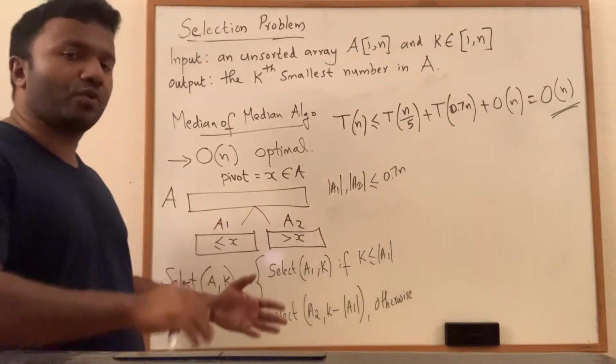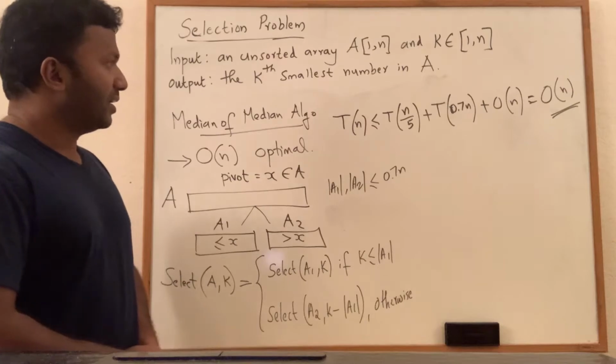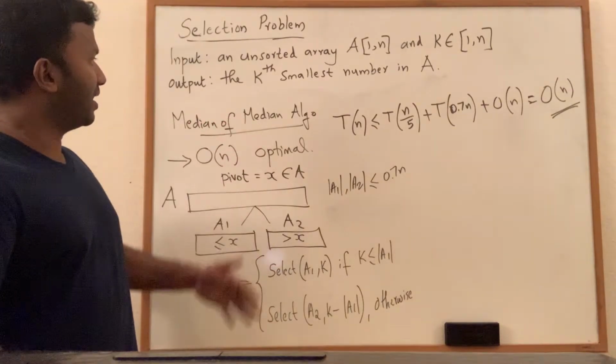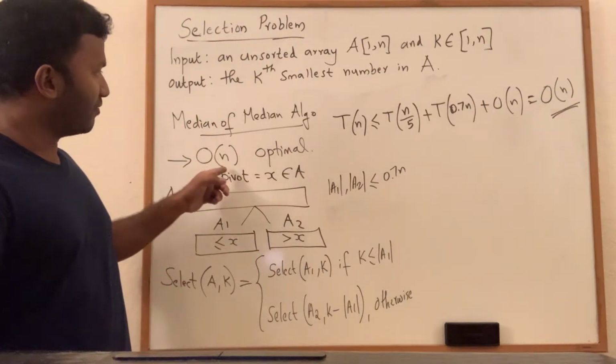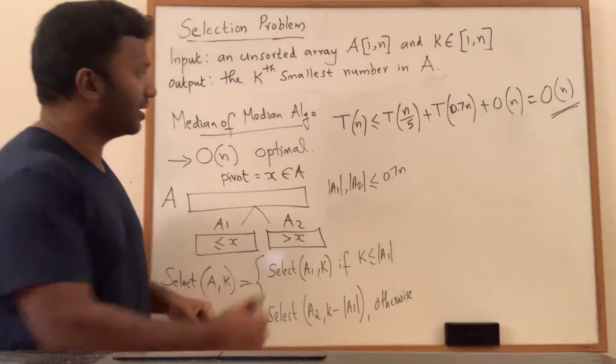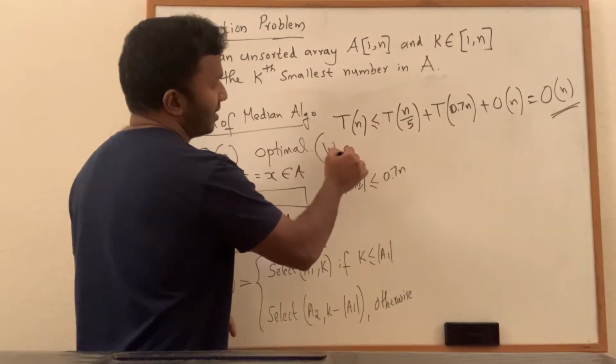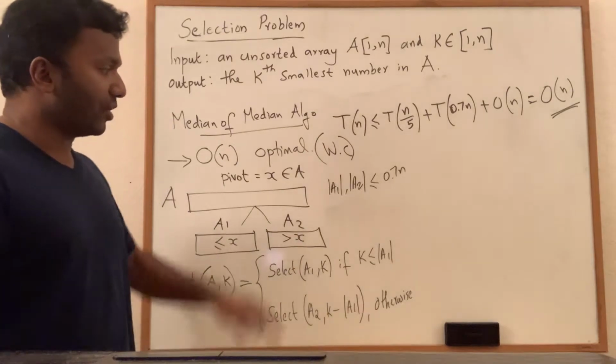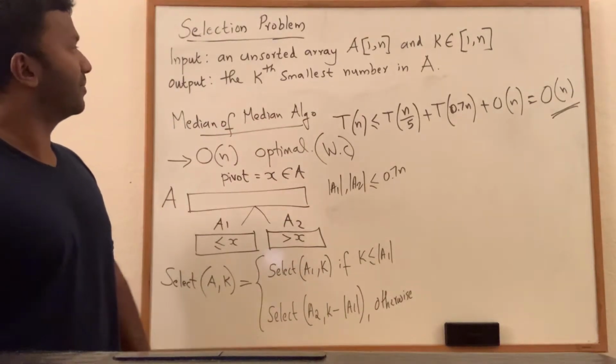And it had a nice proof and some clever techniques. Yeah, so that was the main idea behind the median of medians algorithm, and we got big O of n, optimal worst case running time. So all of these things are great.